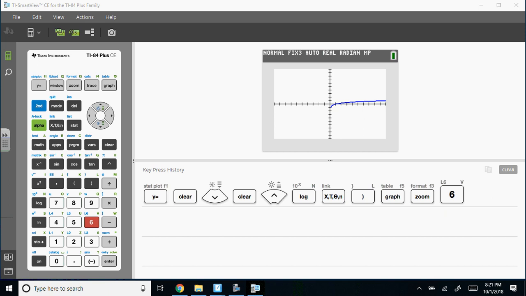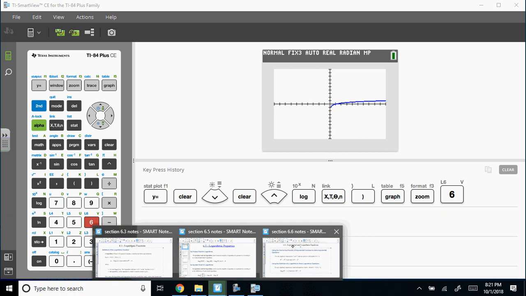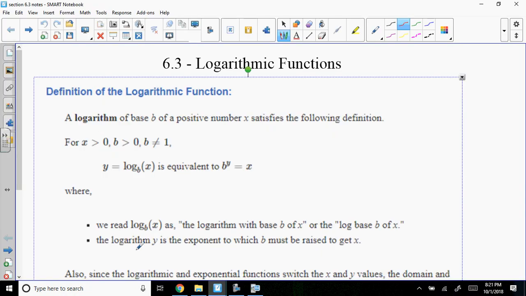All right. So let's go back to 6.3. So logs. You know why we have logs? Anybody know why we have logs? Exponentials, you evaluate stuff, get big stuff, right? Logs allow you to take big stuff and get it back down lower. Anybody dealt with log paper? Like logarithmic paper?